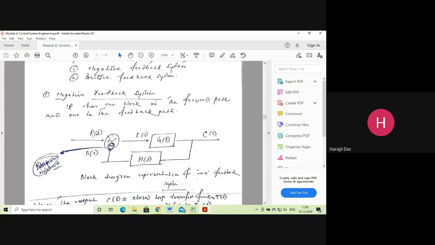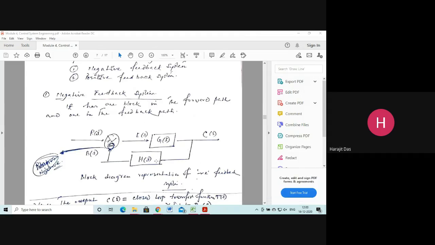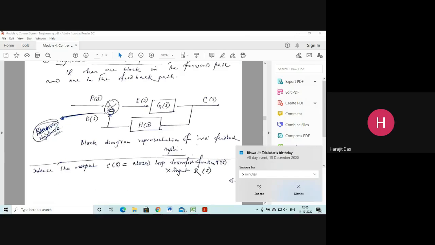Just remember that this is R(S), this is E(S), this is C(S), and this is B(S), the feedback signal. These are the gains. G(S) is the forward path gain, and H(S) is the reverse path gain, or feedback path gain.